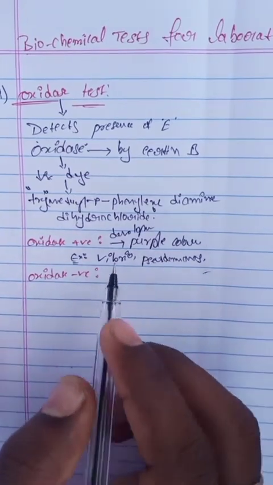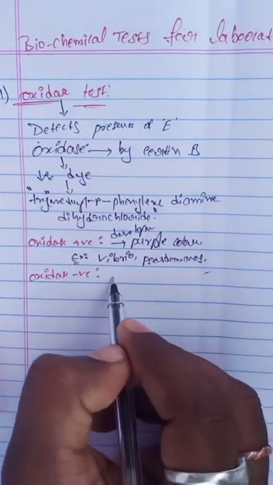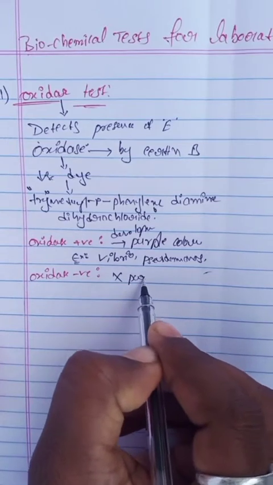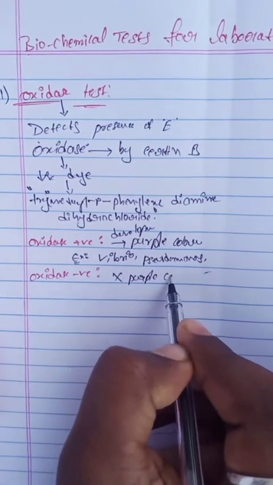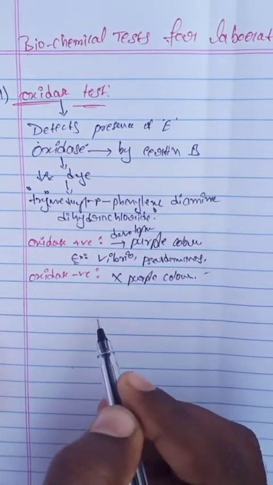In a negative test there is no chance for the development of the purple color.